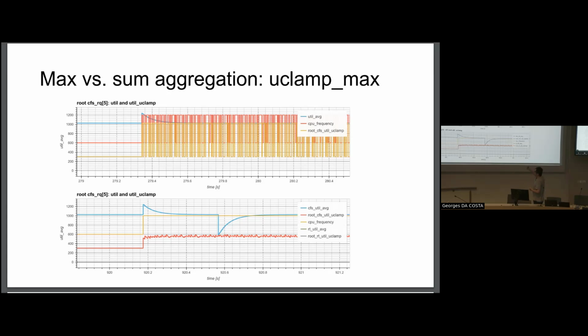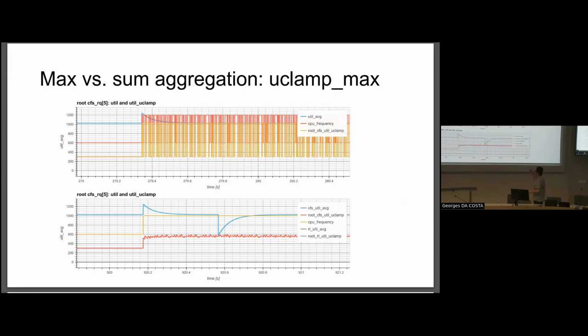In sum aggregation, because you just sum things up, you still have this uncapping effect, but the math is quite tricky here. You uncap in a way that you won't uncap to the max. You just uncap enough to make sure the small task has enough bandwidth to run. This won't make sense without going through code.